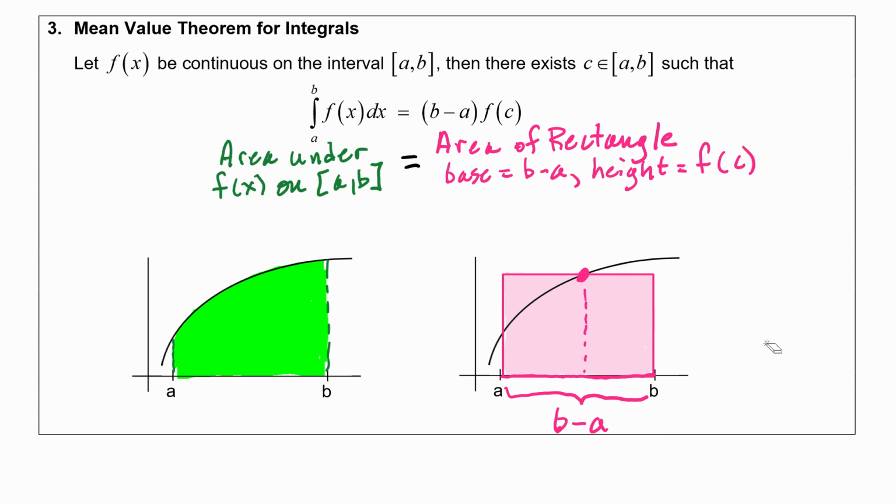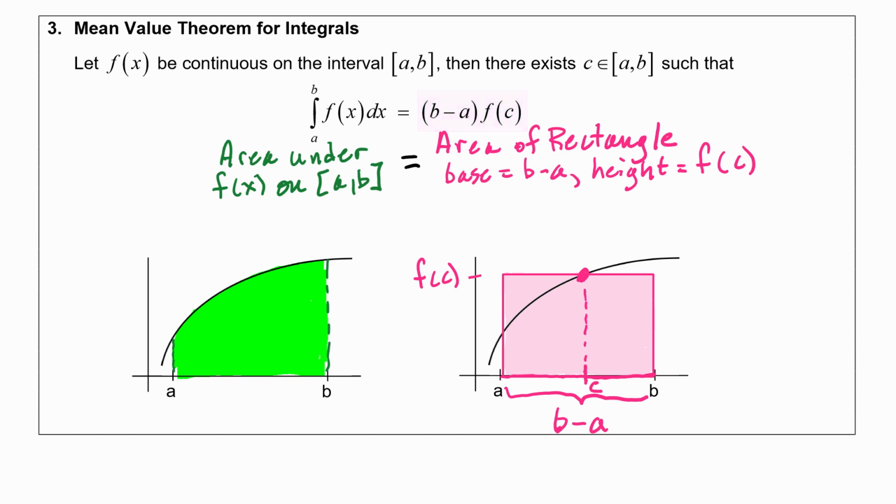So in our picture that we made here, right here is the value of c, and then this height is f of c. So the area of a rectangle we know is base times height. The base is b minus a, and the height is f of c.